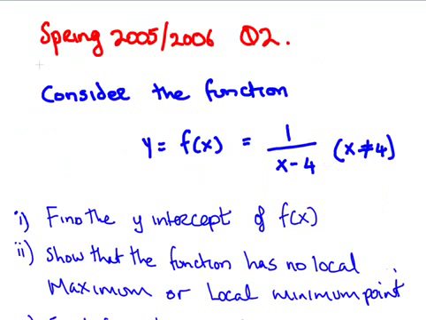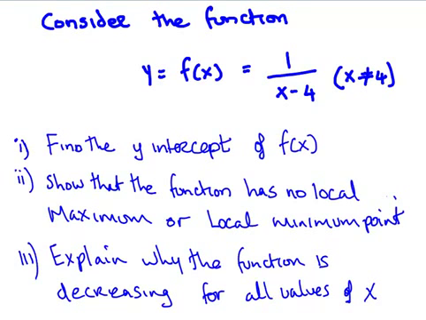The next question, let's read it out again. Show that the function has no local maximum or local minimum point. So it has no turning points. Let's write out our equation again: y equals 1 over x minus 4. Now, what we're going to do is find the derivative of that, dy over dx. Do you recall the quotient rule?